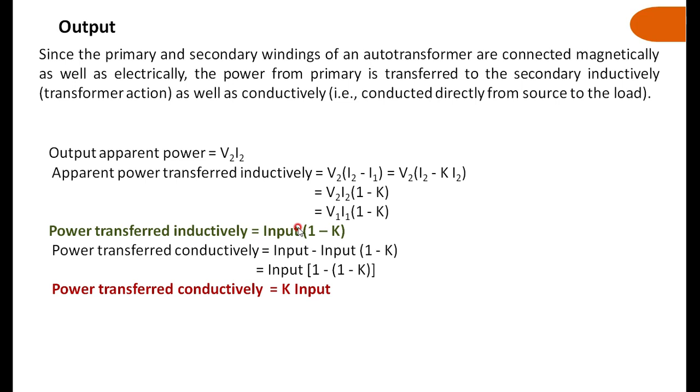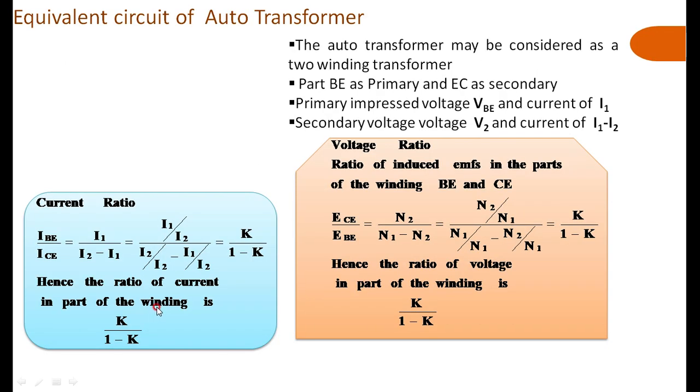Magnetically, 1 minus K times input is transferred, and electrically K times input is transferred. If you add these two, you get the total power transfer, that is V2 I2. That means 1 minus K times the input is transferred magnetically, and K times input is transferred conductively.